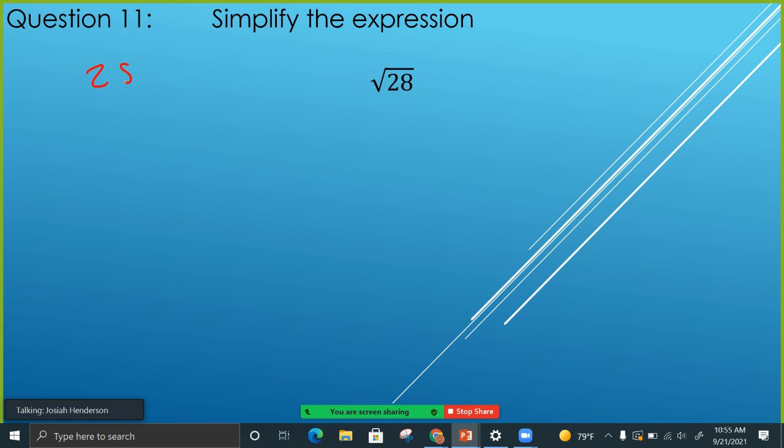So she did this. 28, maybe you cut it in half. Got 2 times 14. Cut that in half. 2 times 7. And she got this, 2 to the second times 7. Very good. So if we replace that into our radical, we're looking at this, 2 to the second times 7.